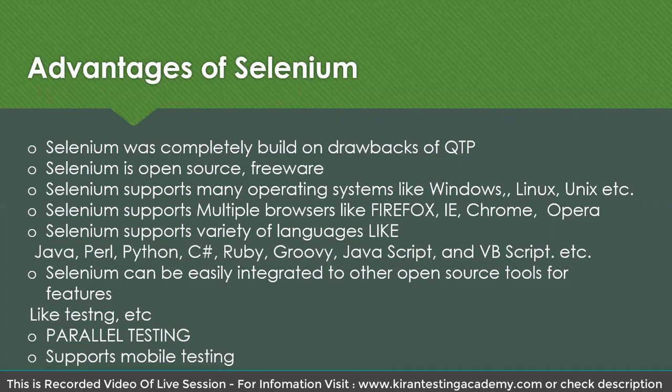And it supports mobile testing also, not directly, guys. You need to use the Appium tool. Mobile app testing is supported by using Appium. Next, cloud testing can also be done. There are many advantages, but these are the few famous advantages you really need to know.